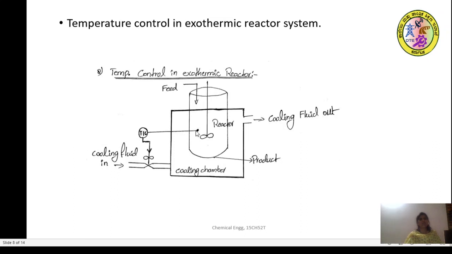For example, if the temperature to be maintained inside the reactor is about 70 degrees centigrade, it measures the temperature, and if it is beyond 70 degrees, it will be indicated by the temperature indicating controller, and the signal is being sent to the final control element.